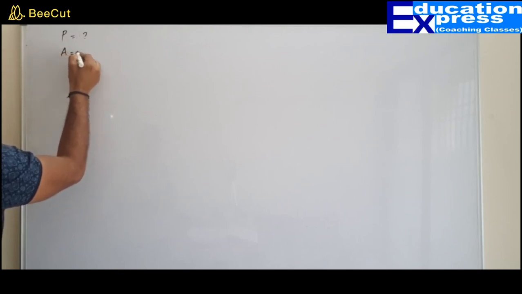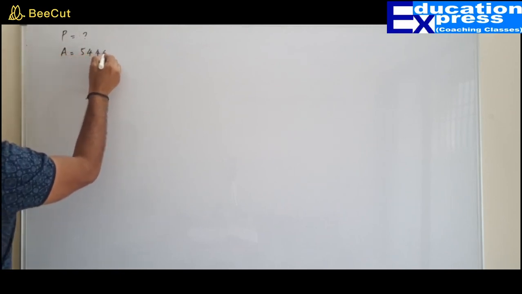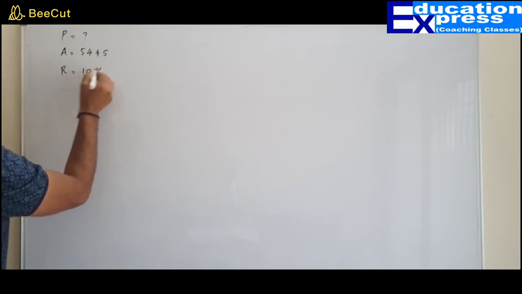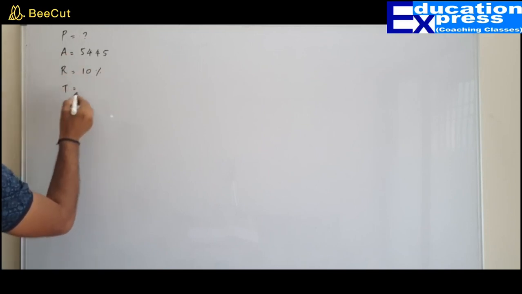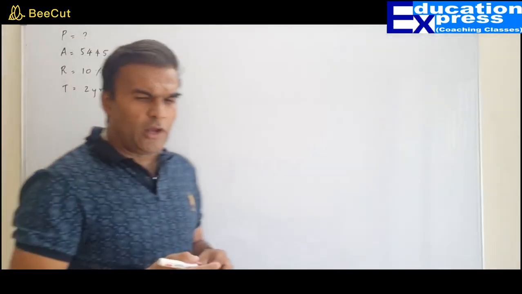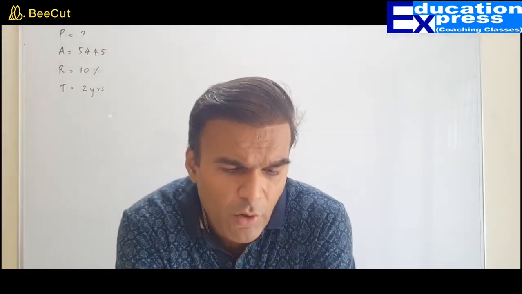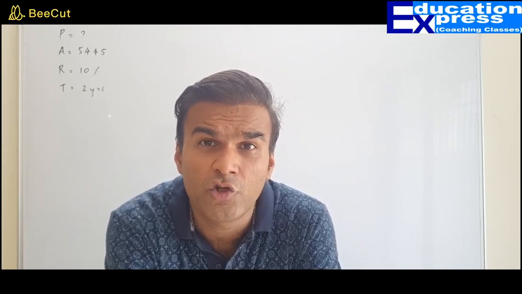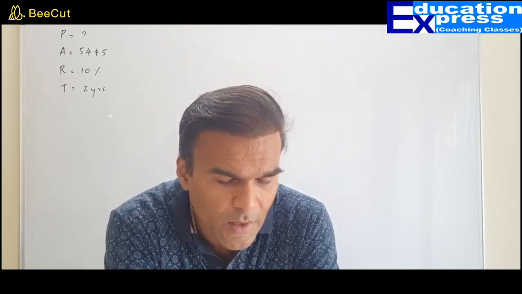The amount is 5445, the rate of interest is 10%, and the time duration is 2 years. Let us read the question one more time. What sum of money will amount to 5445 in 2 years at the rate of 10% per annum?